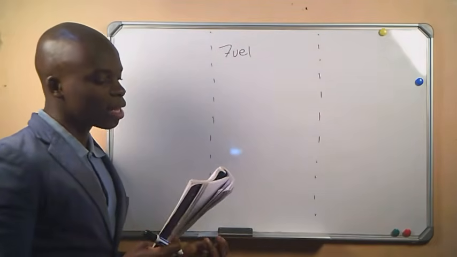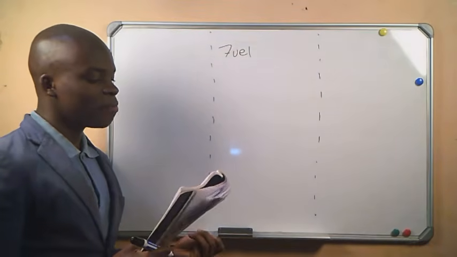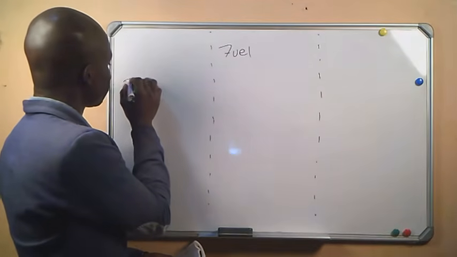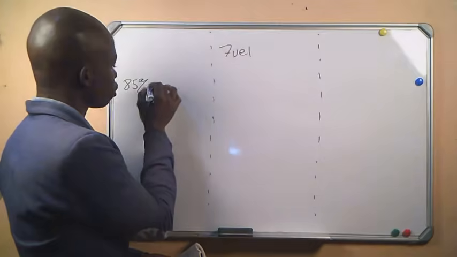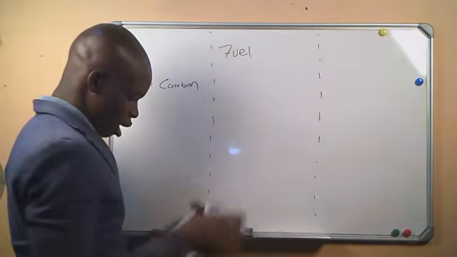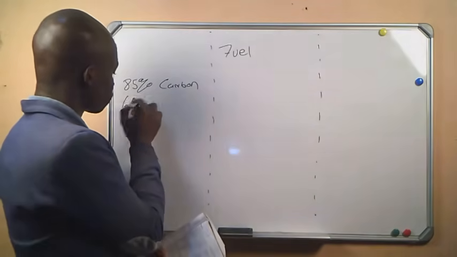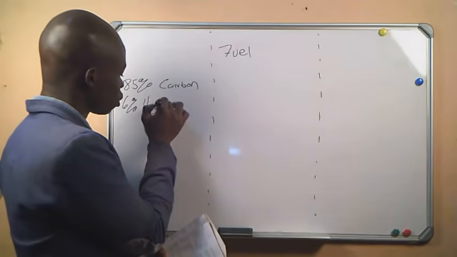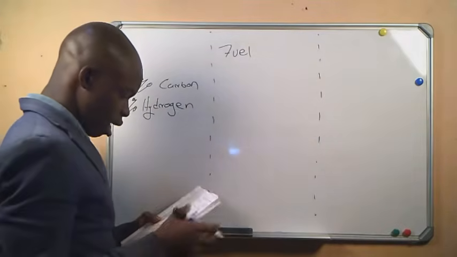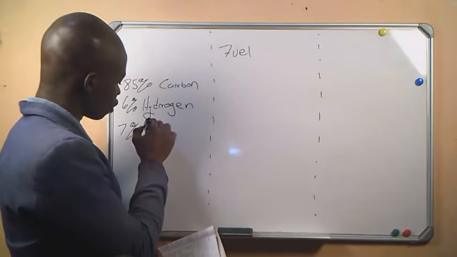A sample of coal gave the following analysis by mass. 85% of carbon. This is what they're telling us. And then they say 6% of hydrogen, and 7% of oxygen.